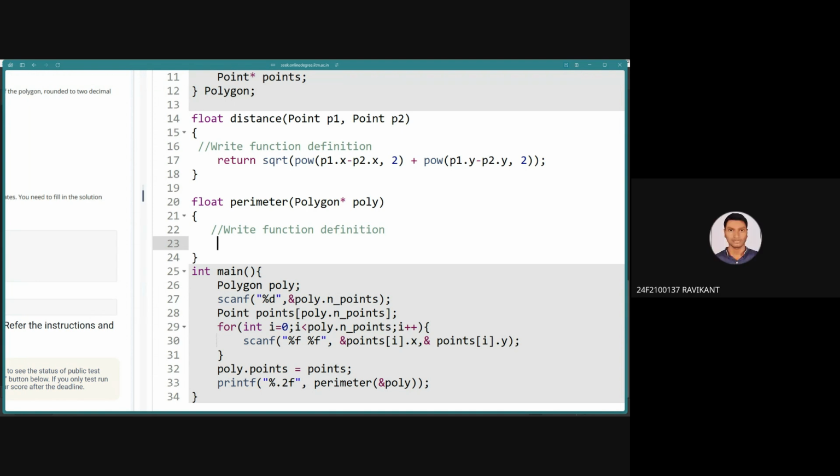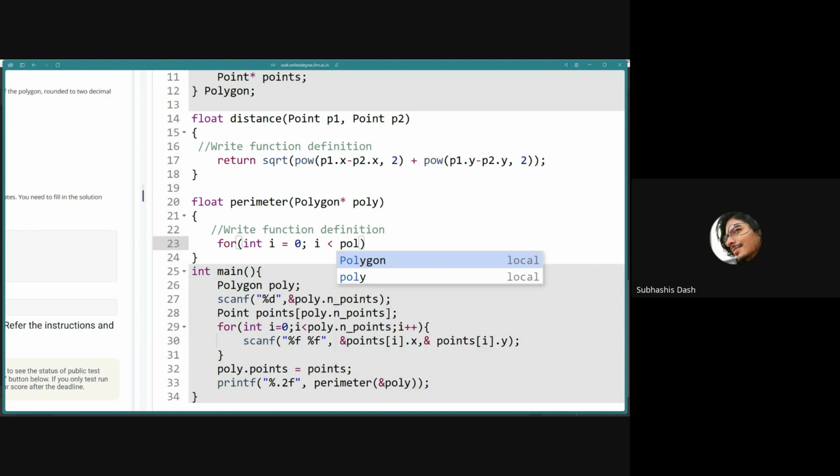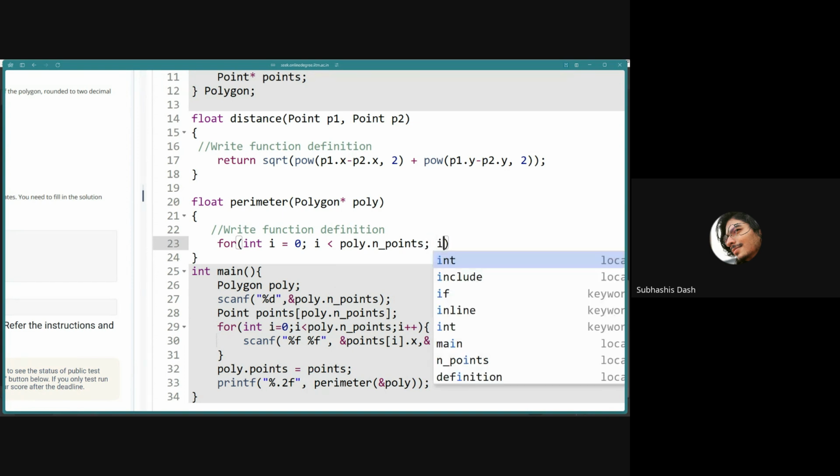So it means every time we have to find the distance and sum them between two points. Not necessarily. What we can do instead is for int i equals 0, i less than poly dot n points, i plus plus.